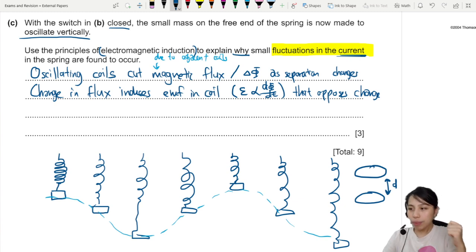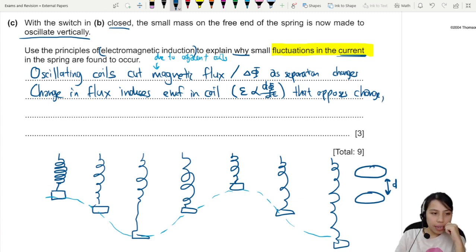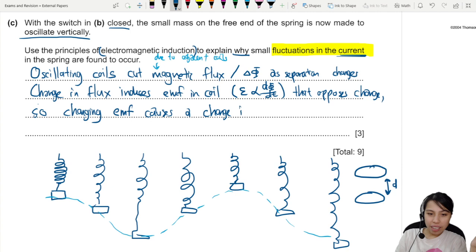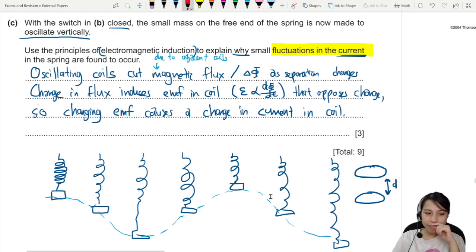And the changing EMF causes a change in current in the circuit, or I can say in the coil. Very interesting, huh? Okay.